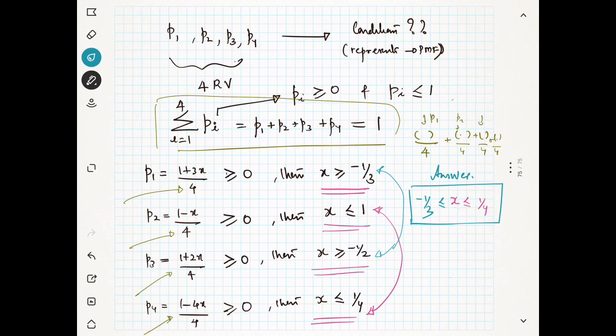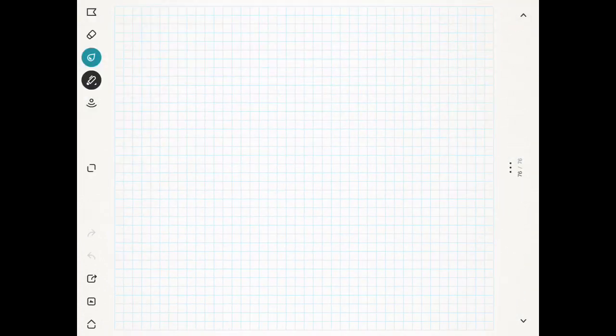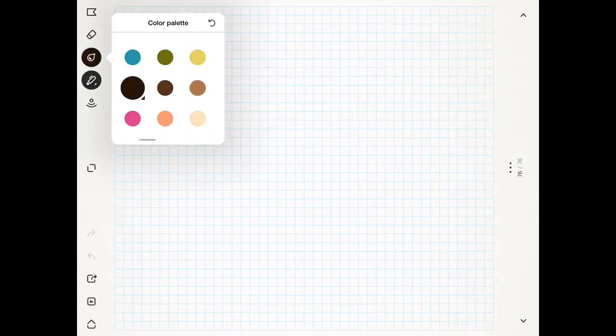Next we will see another problem. But before going to the problem, I will explain some more concepts regarding the probability mass function and the cumulative distribution function and related concepts.